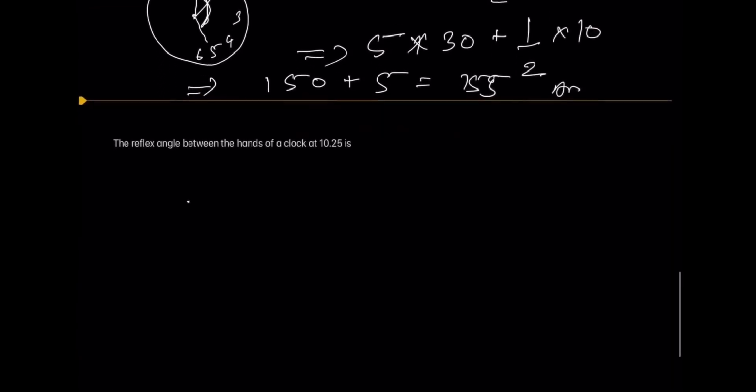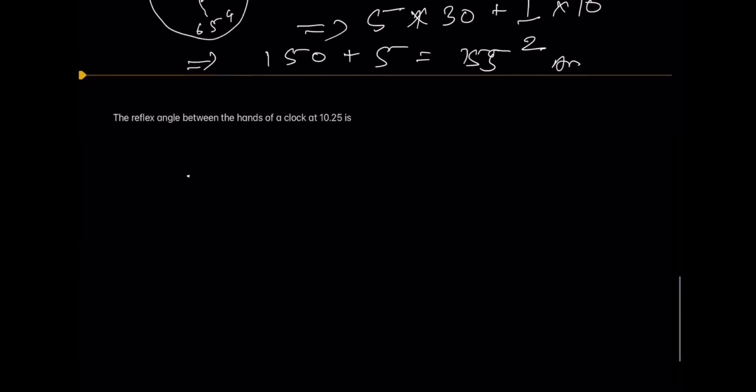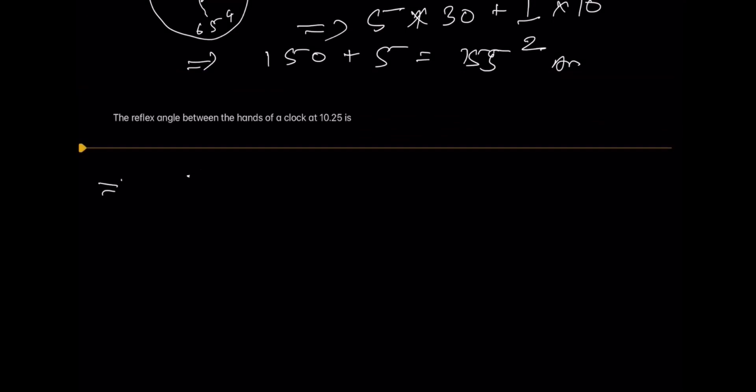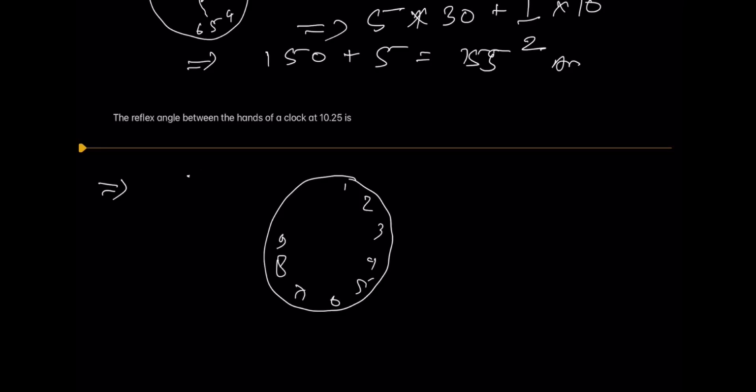Now we're going to solve another problem for which we actually generated a good formula. The reflex angle between the hands of a clock at 10:25. So that means 1, 2, 3, 4, 5, 6, 7, 8, 9, 10, 11, 12, like that.